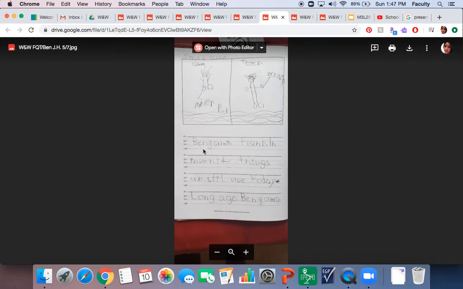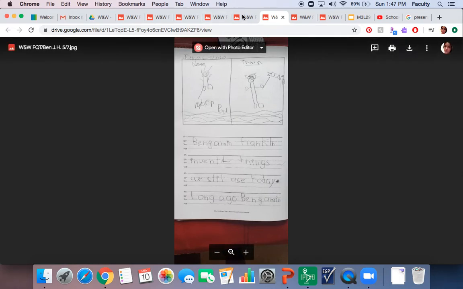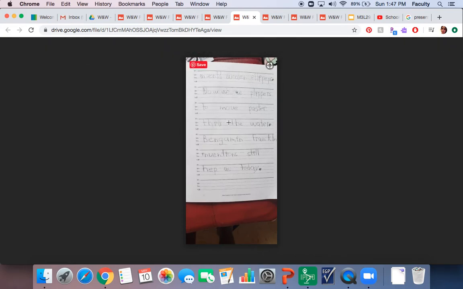Jace wrote, Benjamin Franklin invented things we still use today. Long ago, Benjamin invented wooden flippers. Now we use flippers to move faster through the water. Benjamin Franklin inventions still help us today. So this is very clear writing, Jace. I appreciate that.